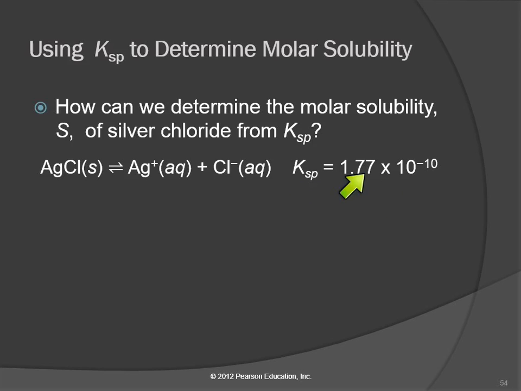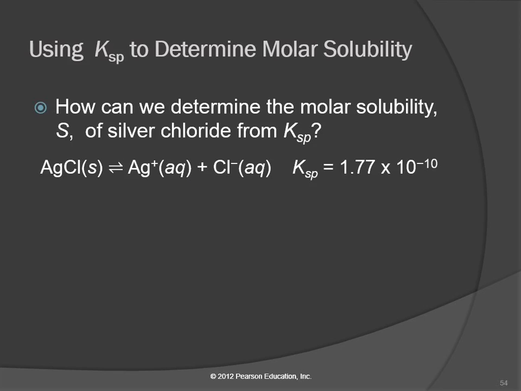So K is a very small number. Does this favor the reactants or the products? It favors the reactants. When K is a small number, it means that the reaction stays mostly as reactants. It goes very little to the right.